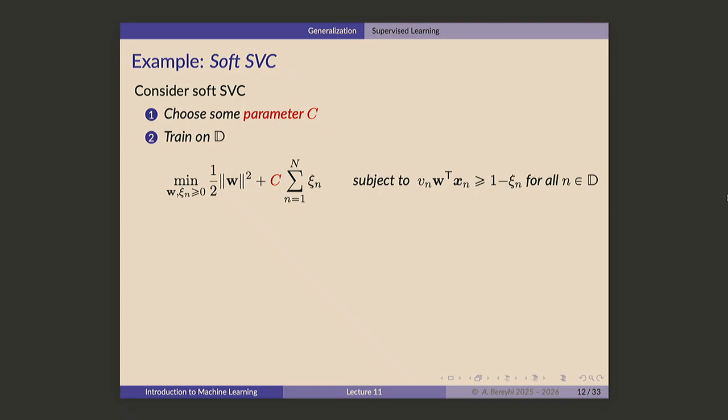But this parameter C is telling us how much misclassification we are letting, how hard we are on our margin, right? If we set C to be very, very small, then essentially we are getting back to the original, where Z could be anything, right?